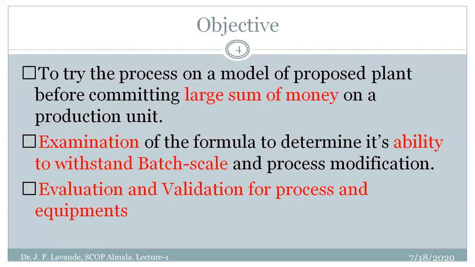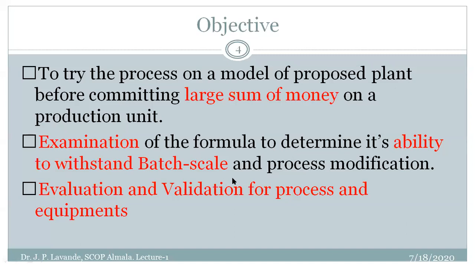The second objective is examination. Examination of what? Examination of the processes, examination of the results, confirmation of the steps that had been carried out at lab scale. So, examination of the formula to determine its ability to withstand the batch scale.